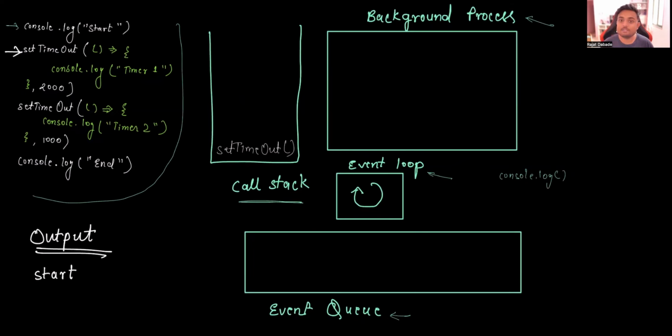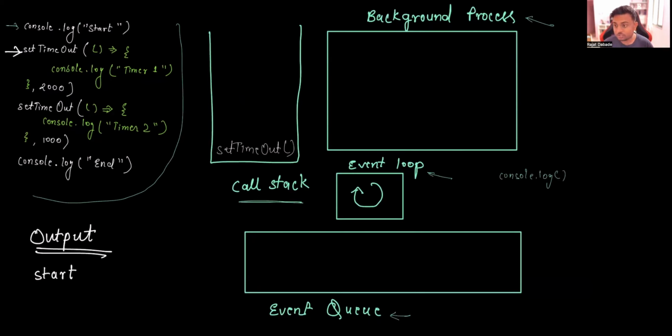And the call stack will know that, oh, this is the asynchronous one. It should not get executed right away, but it should go and execute in the background process because it is asynchronous code. And again, if you don't know anything about what is asynchronous code, what is blocking code, just go and check my last video on the event loop. You will get to know everything.